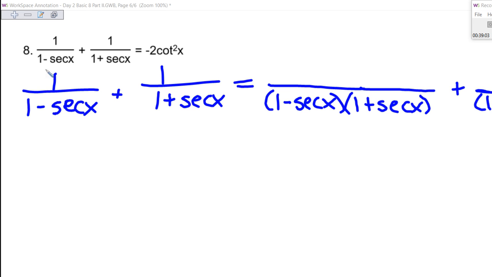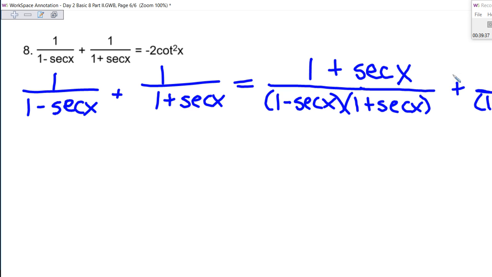So when I multiply 1 times 1 plus secant of x, I get 1 plus secant of x. The second denominator has 1 plus secant x, so it's missing 1 minus secant of x. So when I multiply 1 by 1 minus secant x, I get 1 minus secant x.